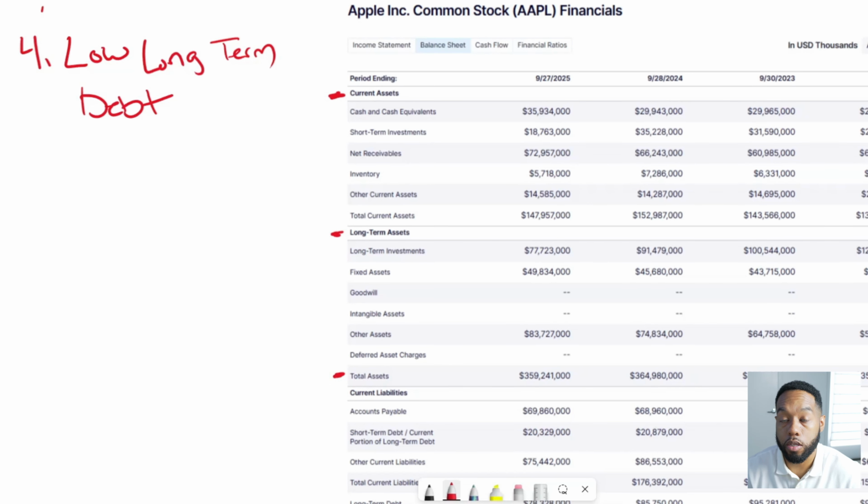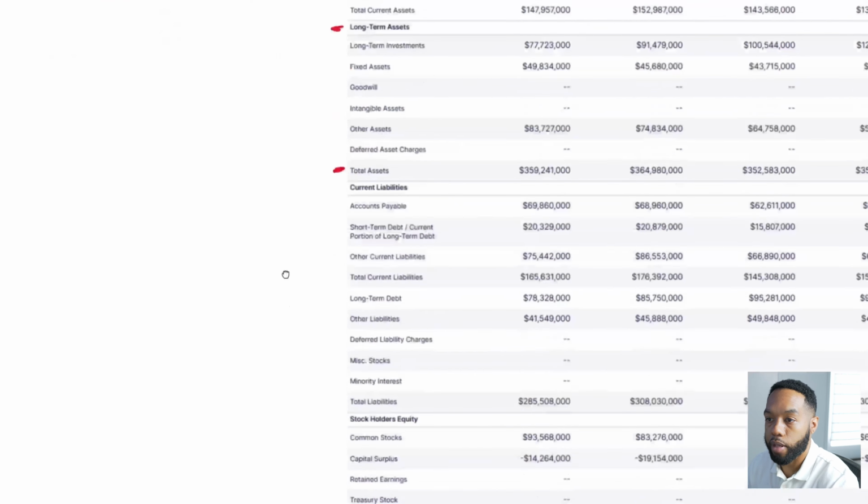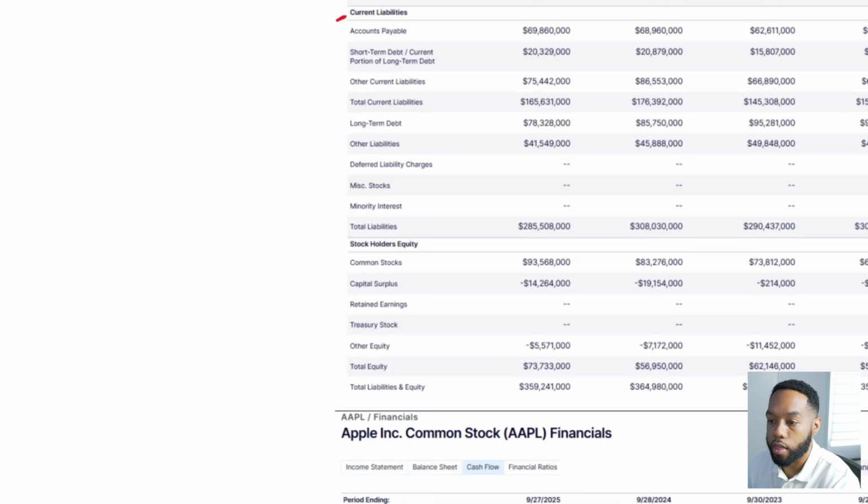Our long-term assets are going to be things that are much more difficult to sell, things like a factory or a plant. If we move down here, we have the same thing on the liability side, our current liabilities, and then we have our total liabilities, and then all the way at the bottom, we have our total equity and total liabilities and equity.